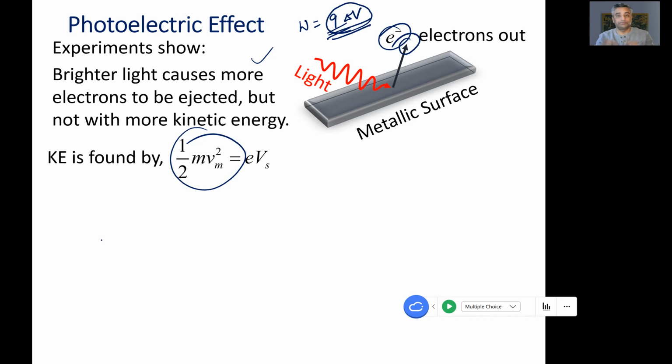Brighter, more intense, means it has a larger amplitude, right? We learned that intensity is directly proportional to the square of the amplitude, right? So a larger amplitude of wave means it's more energetic, right? So we expect brighter and brighter light should give the electron higher and higher speed. That's what we expect. But what do we get? Nope, we don't get higher speed.